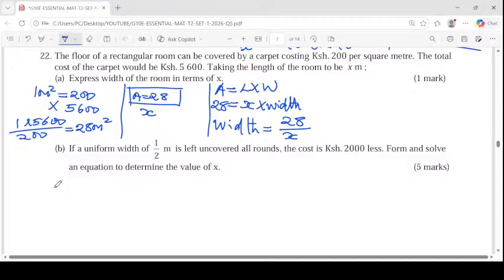So it means the carpet can occupy somewhere here, but this length here remains uncovered. Let me see. So if my length was x, my width I found here to be 28 over x. Let me first get the new length.